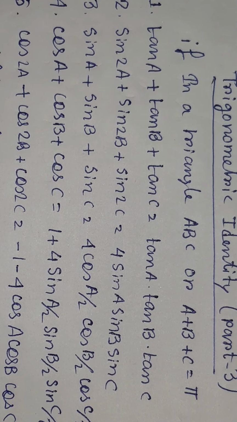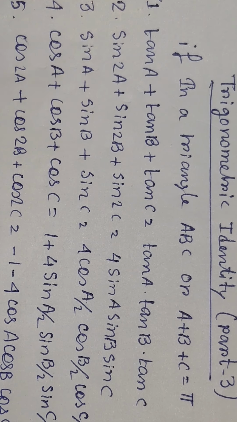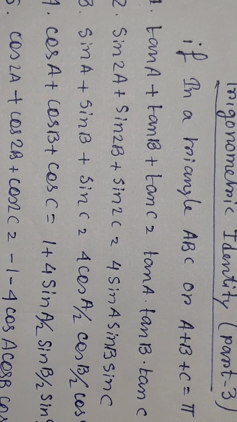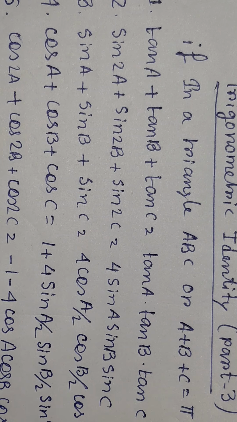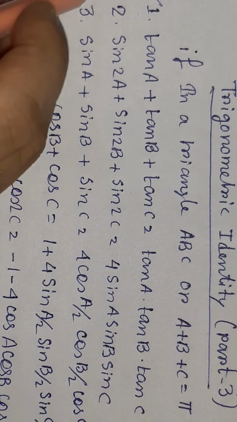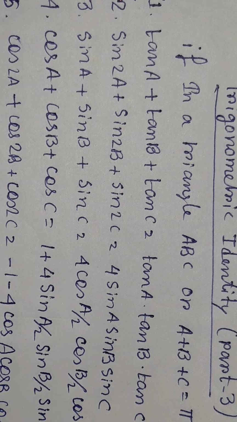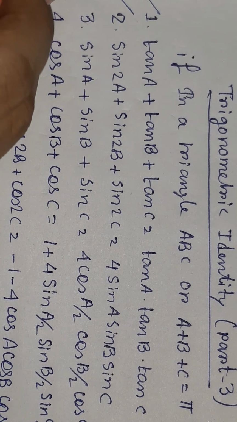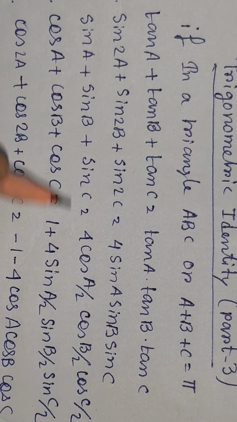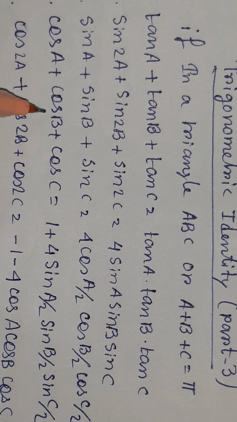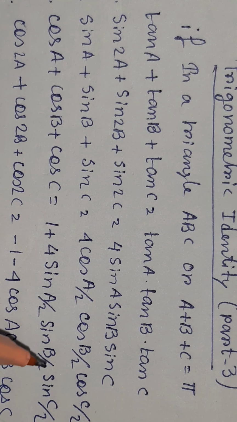If we have a triangle ABC, or A plus B plus C is equal to pi, then the sum of the tangents of these three angles, tan A plus tan B plus tan C, is equal to the product tan A into tan B into tan C. The sum sin 2A plus sin 2B plus sin 2C is 4 sin A sin B sin C. sin A plus sin B plus sin C is equal to 4 cos A by 2 cos B by 2 cos C by 2. cos A plus cos B plus cos C is equal to 1 plus 4 sin A by 2 sin B by 2 sin C by 2.